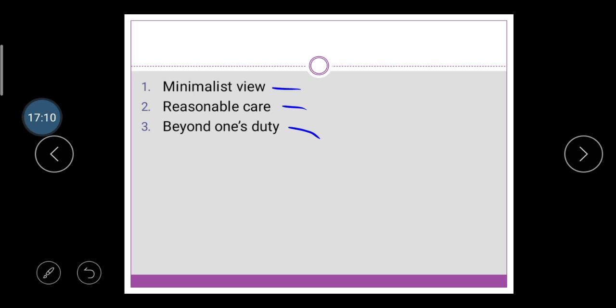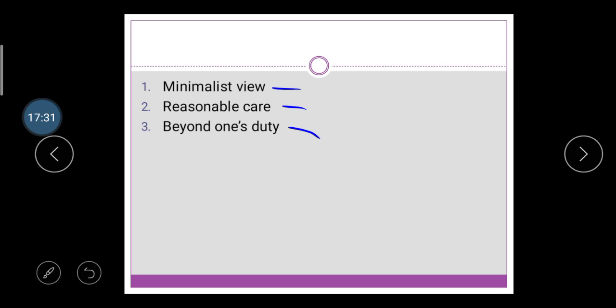Reasonable care means that as an engineer working in the organization, they have to try to develop some type of new innovation for the public, beyond their responsibility and beyond the task assigned to them. Then the third one is beyond one's duty.